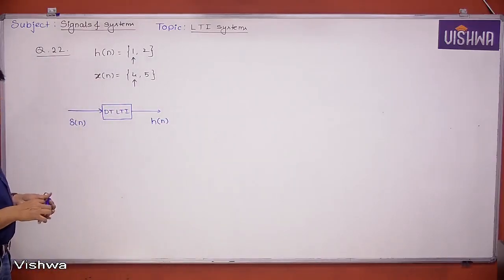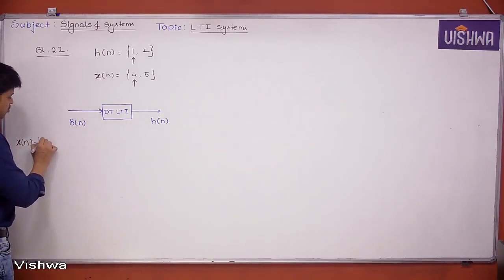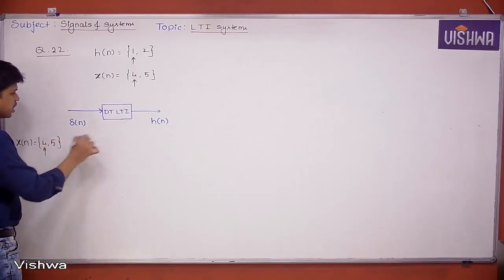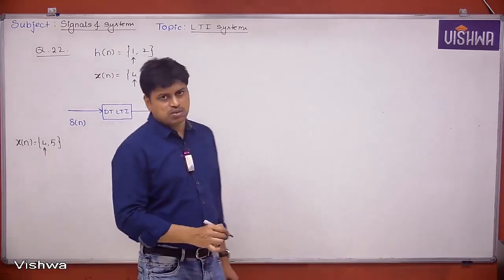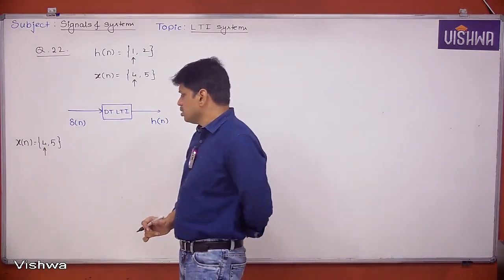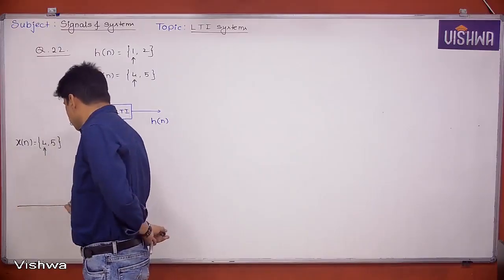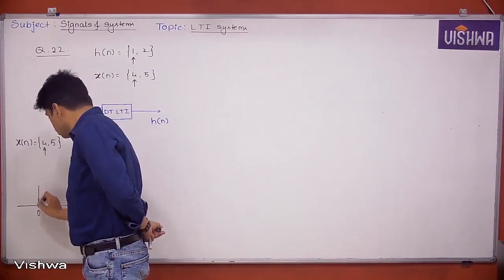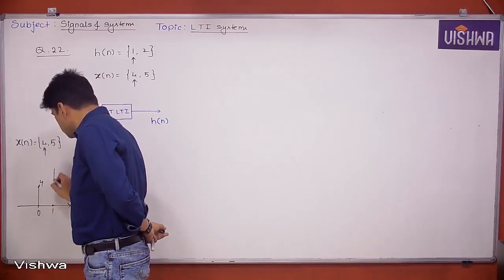But in this case, they have given x of n, which is 4, 5. Then what is the output for this? That is what we have to find out. First, x of n is nothing but 4, 5. That means at n equal to 0, its value is 4, and at n equal to 1, its value is 5.